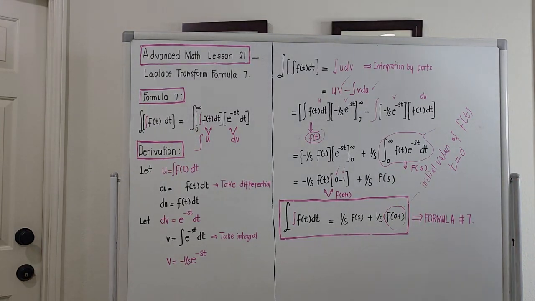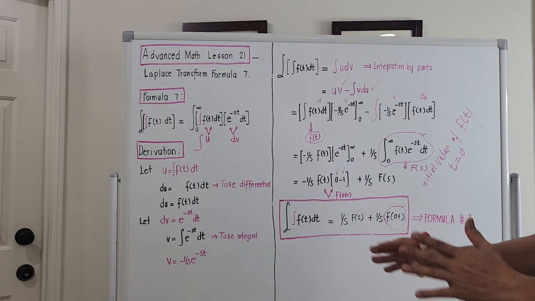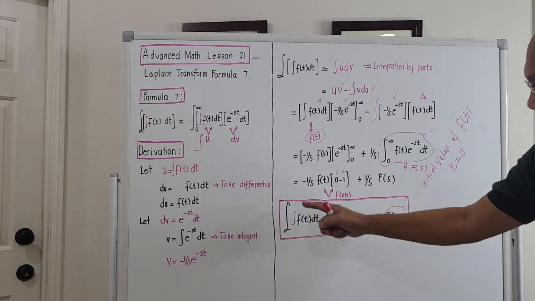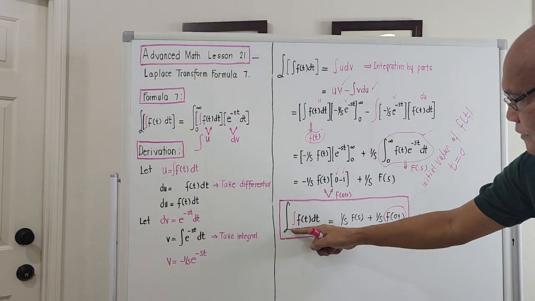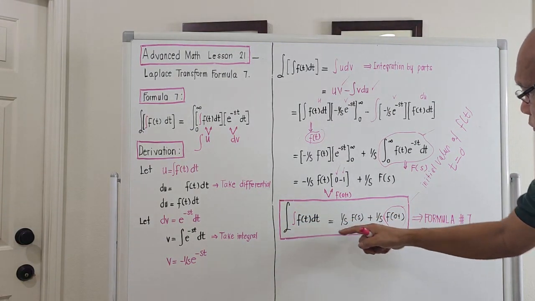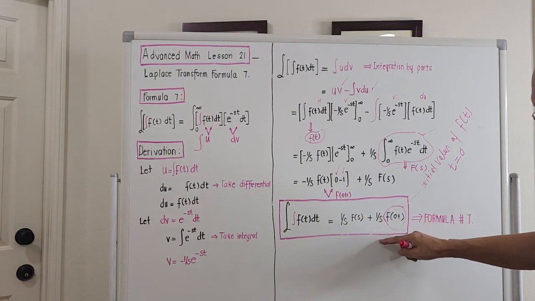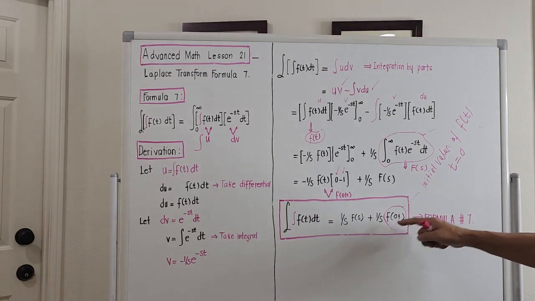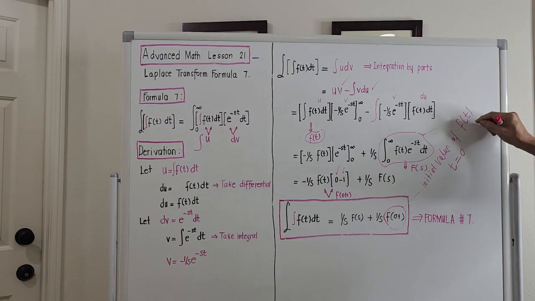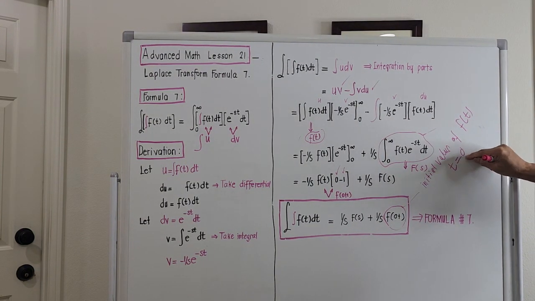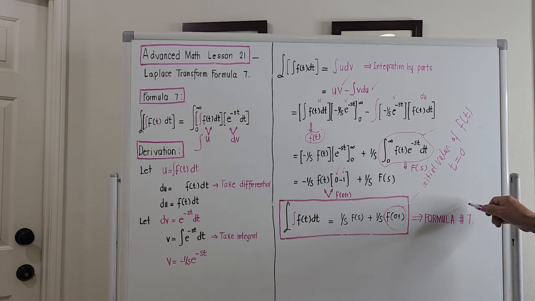So formula number 7 will be, I will read it before we go for this morning. The Laplace transform of the integral of function of t dt should be equal to 1 over s, F of s, plus 1 over s times f sub 0 plus, that is the initial value of that given function at time t equal to 0. And this is now formula number 7.